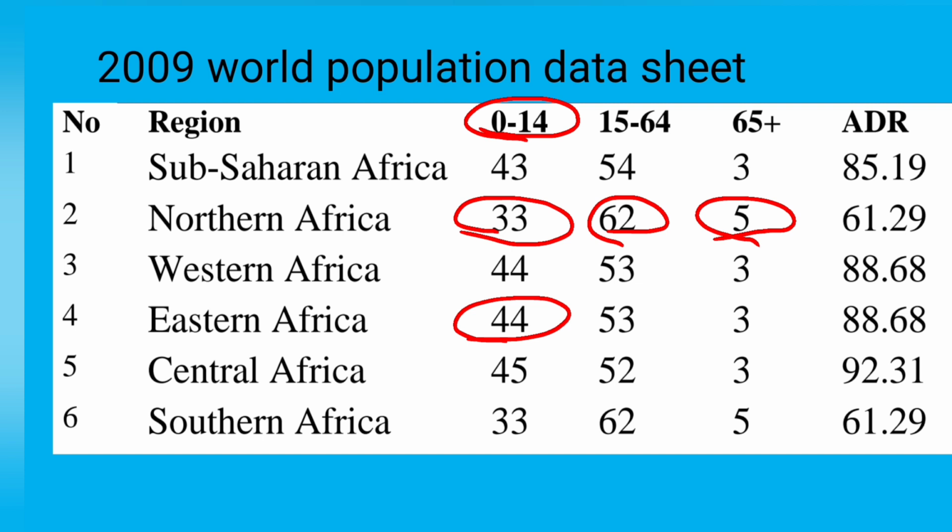Southern Africa has about 33% aged 0 to 14, whereas the working force, the 15 to 64 age group, is about 62%, and 5% are elders, with an age dependency ratio of about 61.29.